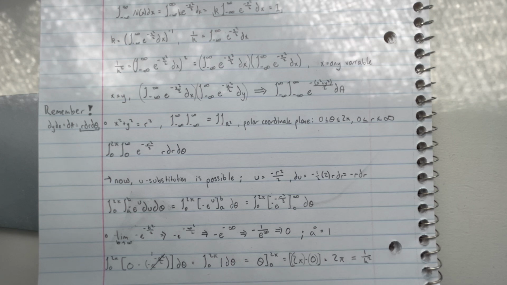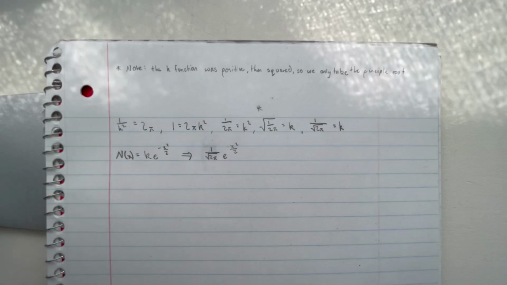Remember that that equals 1 over k squared, as we determined earlier. Since 1 over k squared is equal to 2 pi, 1 is equal to 2 pi times k squared. This means that k squared is equal to 1 over 2 pi. If we take the square root of both sides, we end up with the square root of 1 over 2 pi is equal to k.